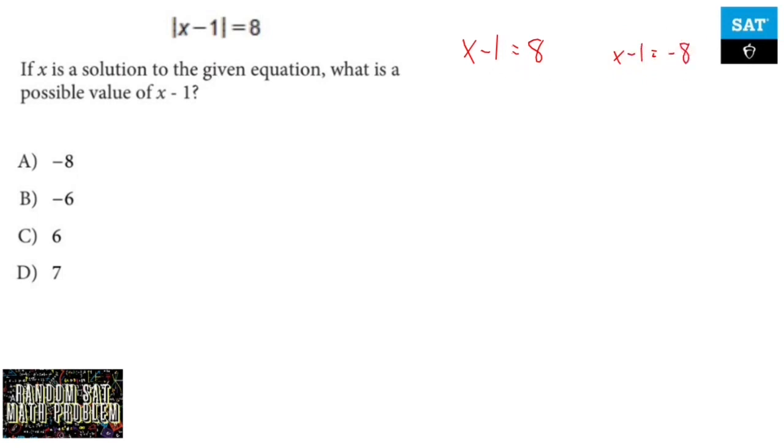If I add 1, that gives me 9. If I add 1, that gives me negative 7. So what is x minus 1? It's either going to be 8 or negative 8, and negative 8 was the only option given to me.